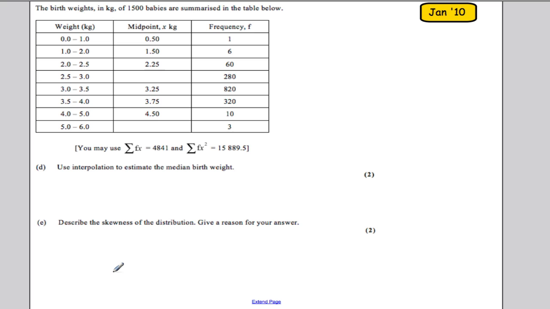Okay, it says use interpolation to estimate the median birth weight. Now, whenever I'm going to use interpolation, it's always nice to have my cumulative frequencies.